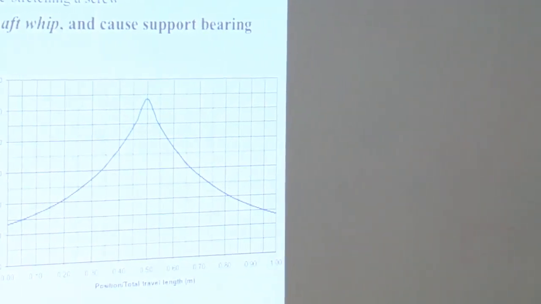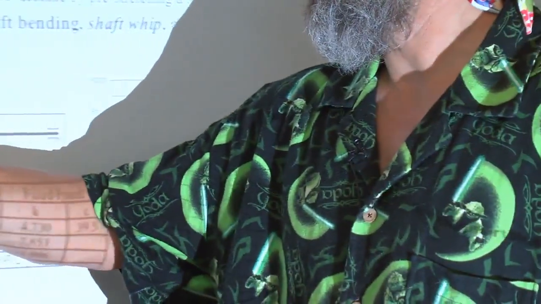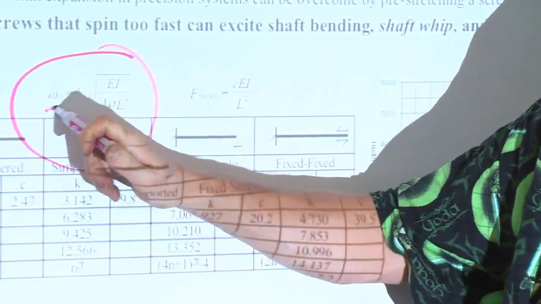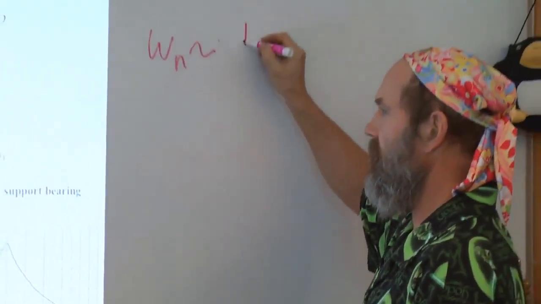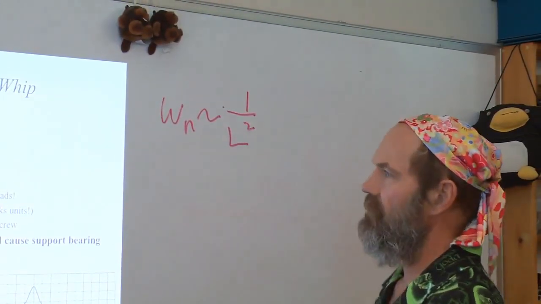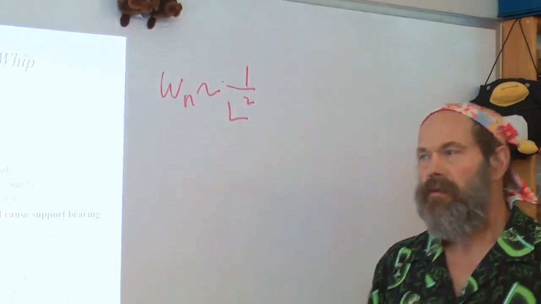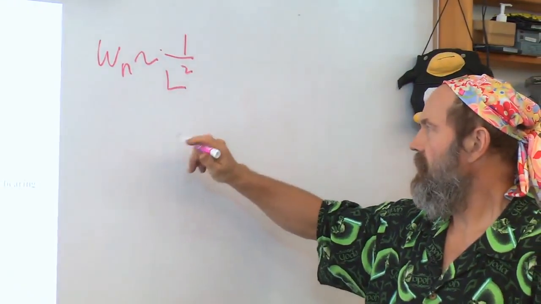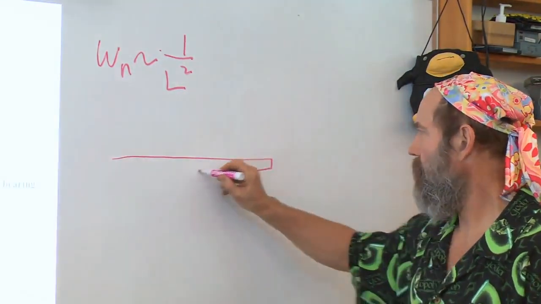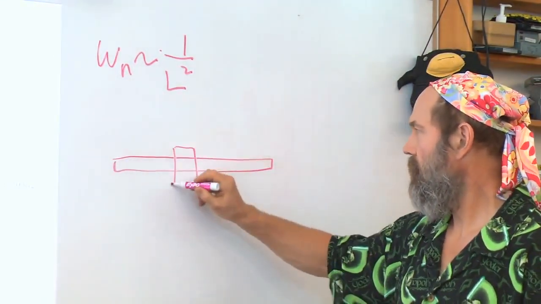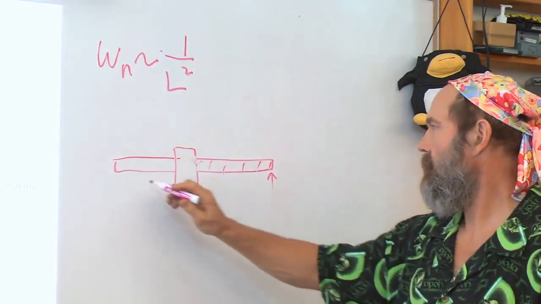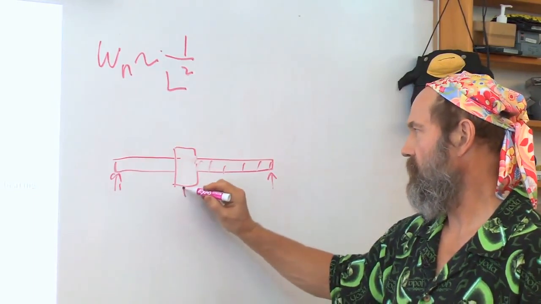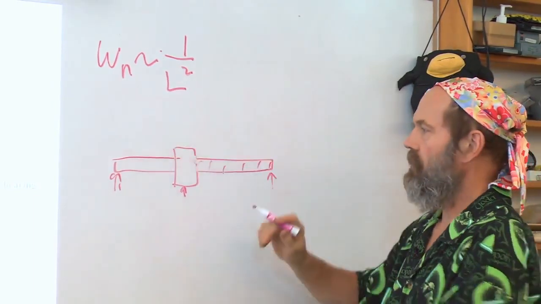So you see I'm faced then with a shaft that is supported by 3 points, multiple points. And because the natural frequency, when you work that out, goes like 1 over the length squared, as the screw turns, here's the support here, and the nut is supported obviously because it's held by the carriage.